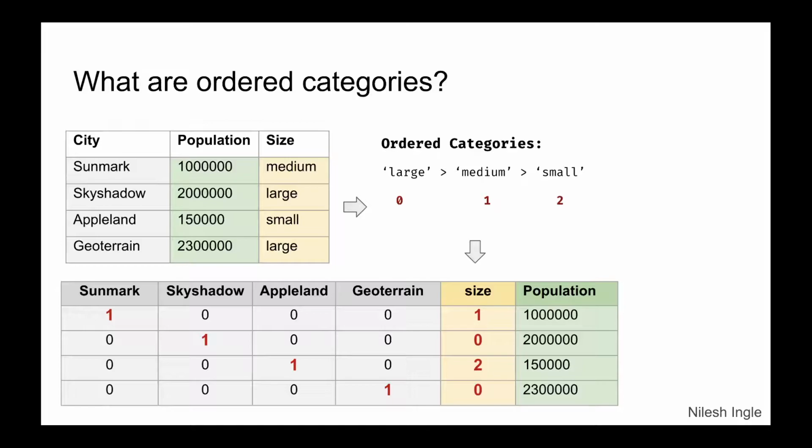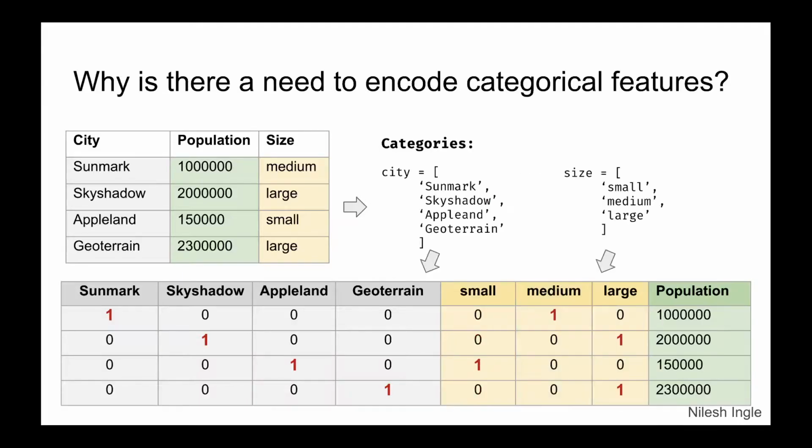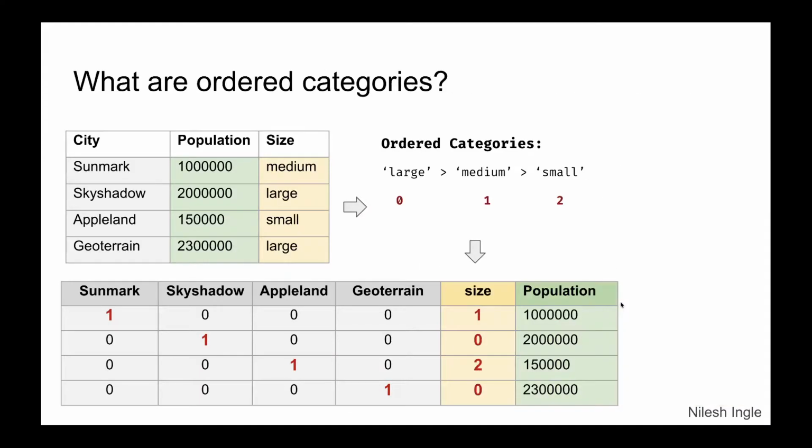Now, what are ordered categories? Ordered categories, unlike the previous case where we had small, medium, and large as separate columns, here we can arrange them and put an order to them. So we can say that large is greater than medium is greater than small, and then assign them values 0, 1, and 2. So for the size, for the first row, we have the size as medium.